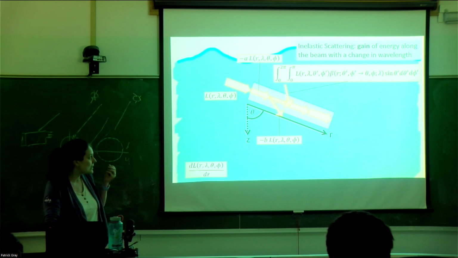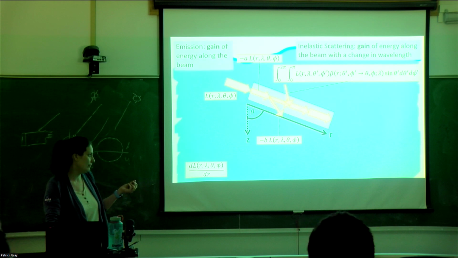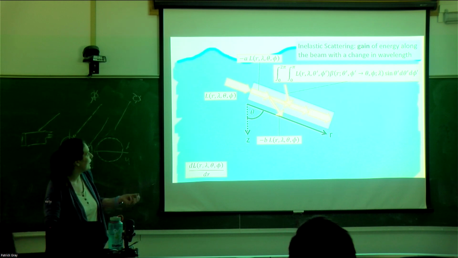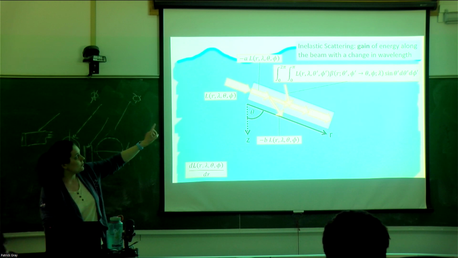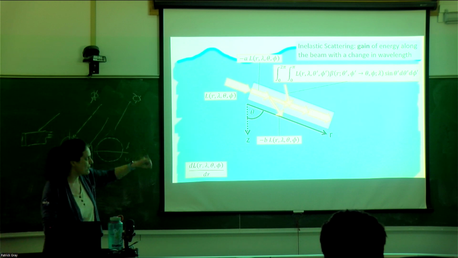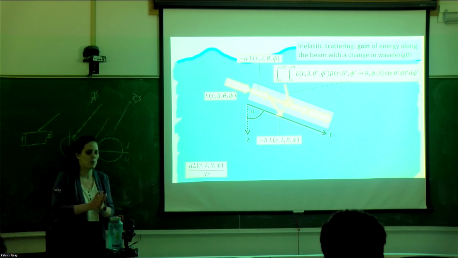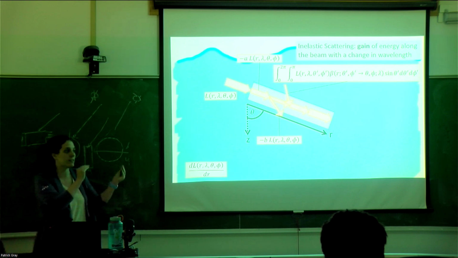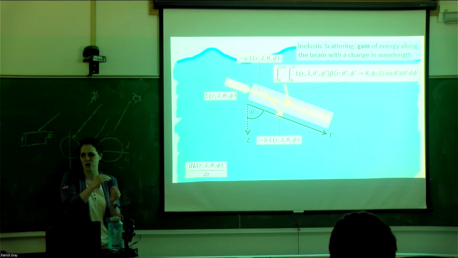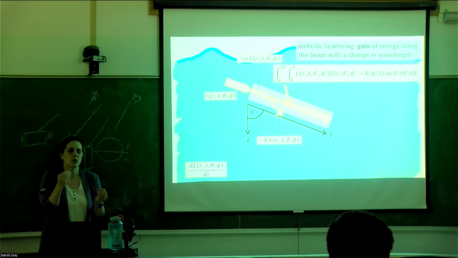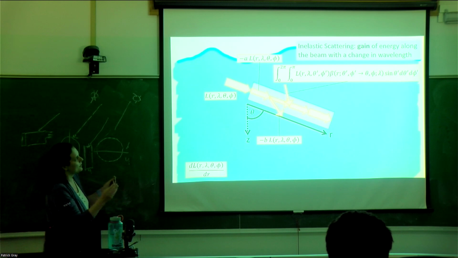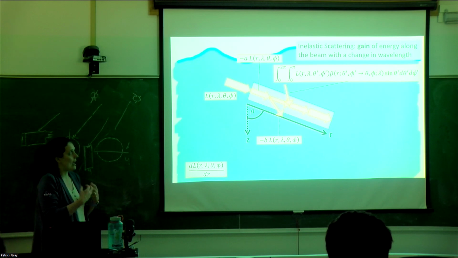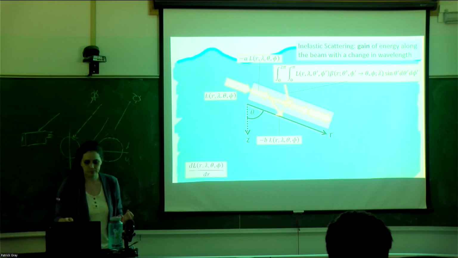Which actually brings us to the final term. I just gave the game away a little bit. So now we're talking about the gain of energy along the beam with the change in wavelength. This is the second part of almost what we just talked about. You can think of it in that way or in a slightly different way. But the point is we are getting energy at some wavelength.